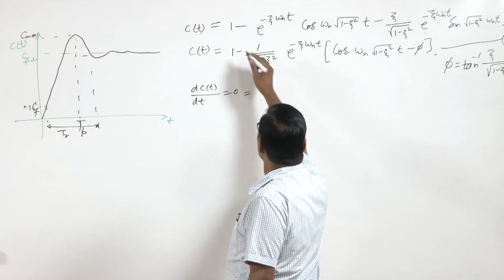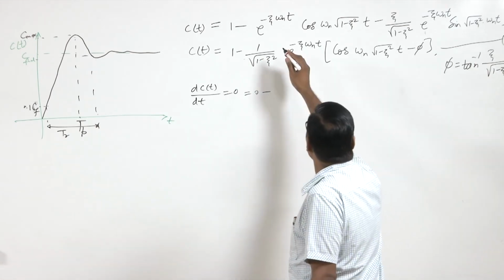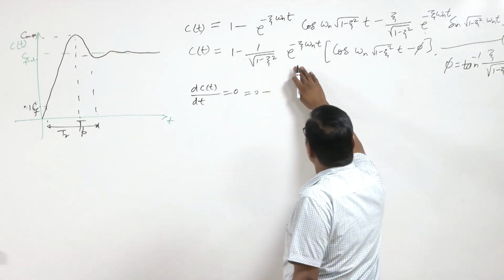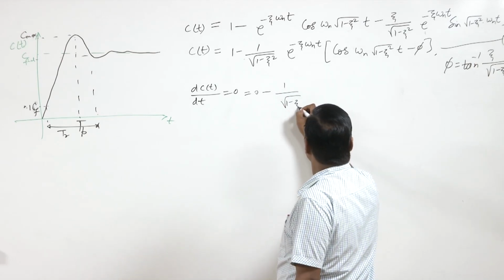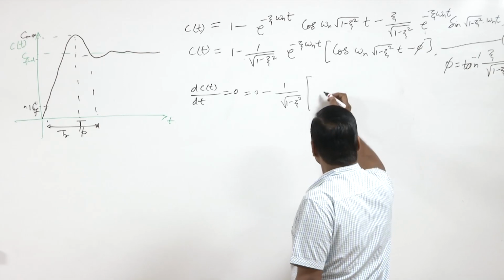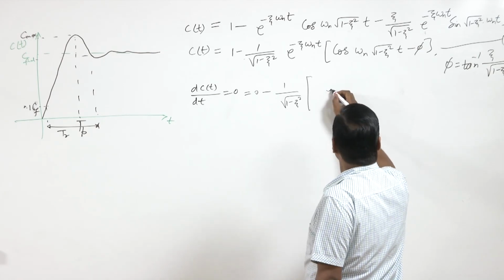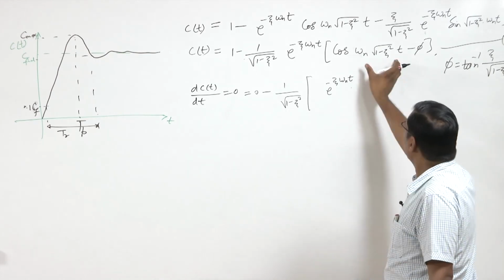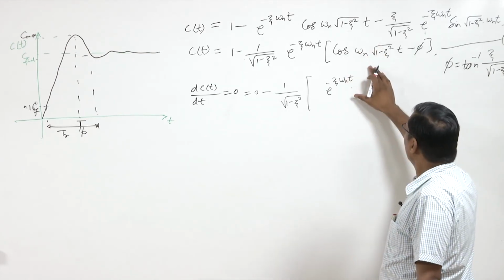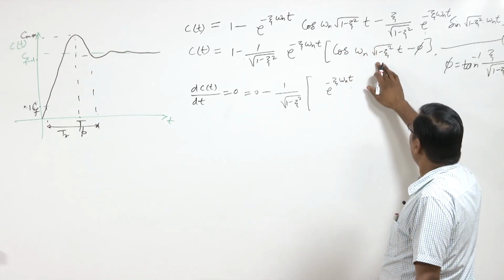So here 0 minus, let's take here 1 by root 1 minus zeta square, here e power minus zeta omega n t into, let's take this function, so derivative of this function first.